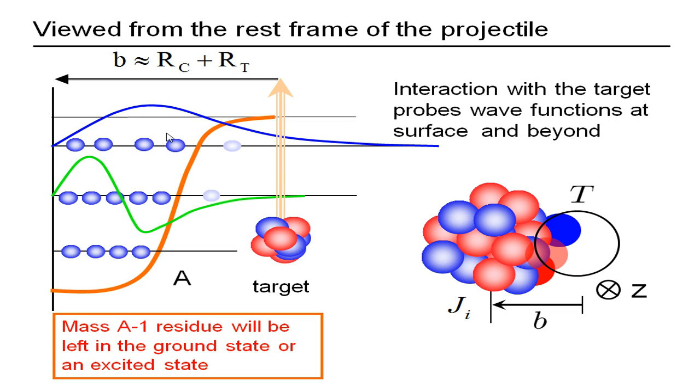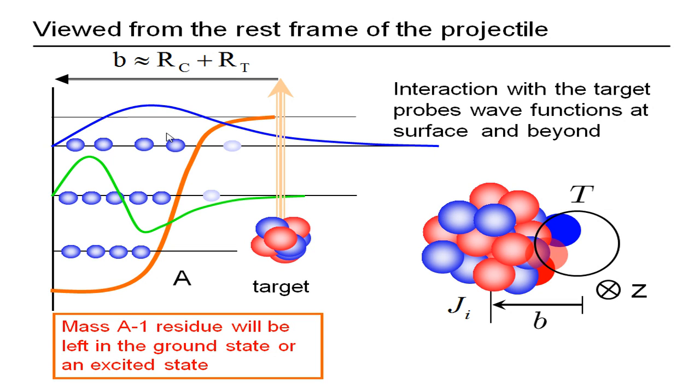Some are more tightly bound, and so their wave functions will decay away quicker. Some are less bound, and so their wave functions extend further. Okay, and this projectile, which has nucleons in various states, goes past at high velocity past a target, say beryllium-9 or carbon-12, and nucleons are removed from the surface. Okay?